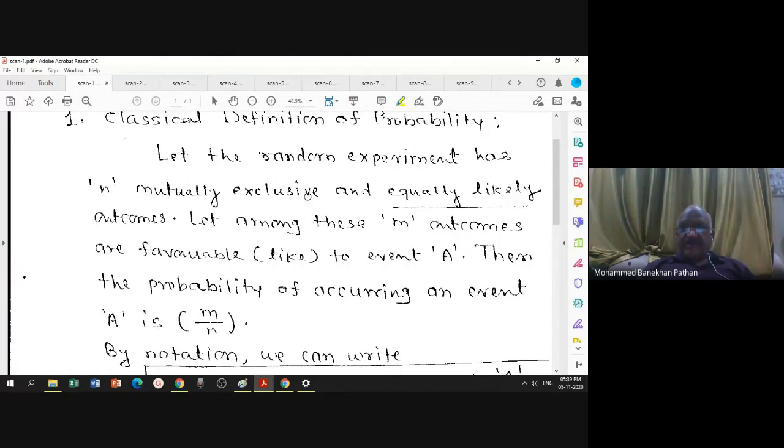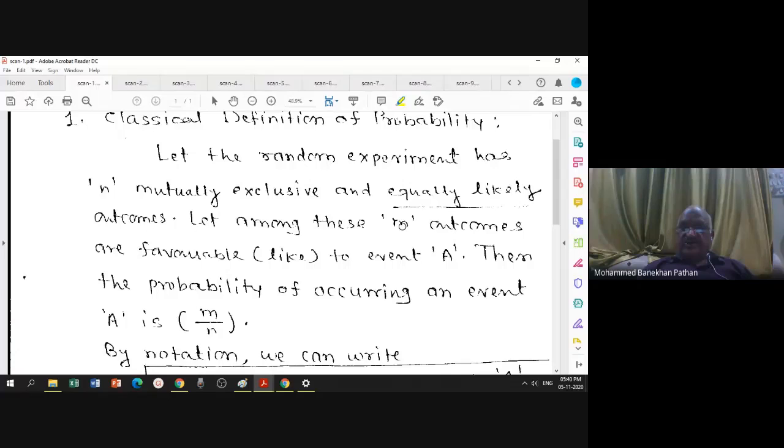Let us see what the definition says. We have random experiment and that experiment has n outcomes. Out of these n outcomes, m are favorable to your event.